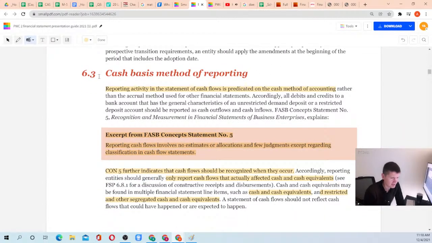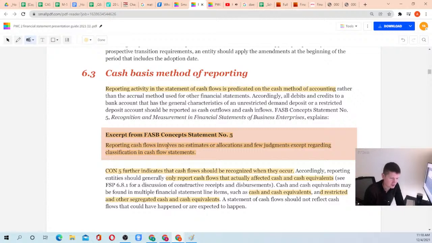What interesting do we have here? We have a cash basis method of reporting. Reporting activities in the statement of cash flows is predicated on the cash method of accounting. As you might remember from previous lectures, we have accrual basis of accounting and cash basis of accounting. And we are clearly guided here that reporting cash flows involves no estimates or allocations and few judgments except regarding classification in the cash flow statement.